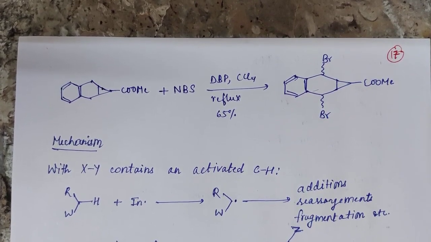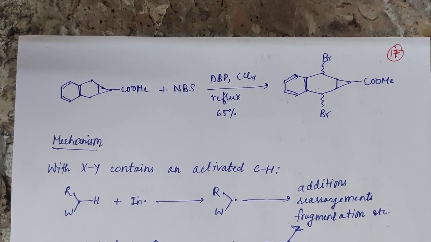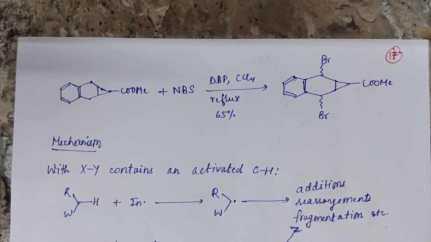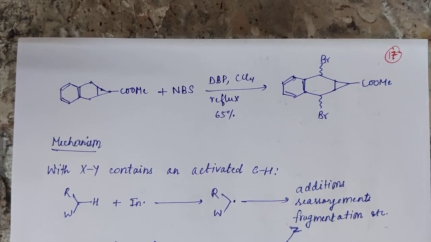We know that bromination generally occurs via free radical mechanism. The role of DBP here is to provide the initiator for the initiation of reaction.